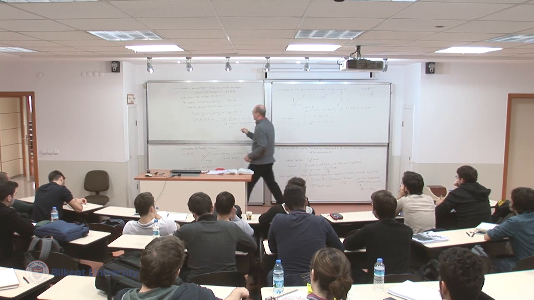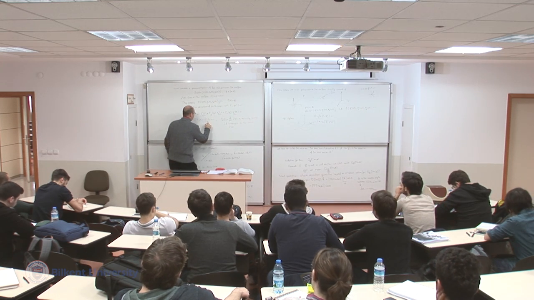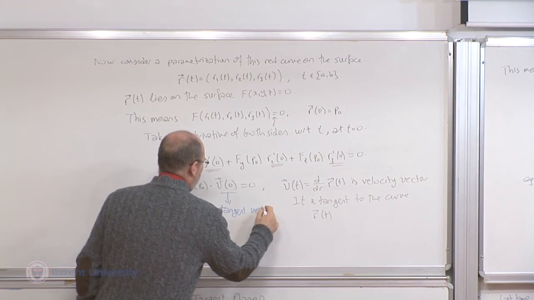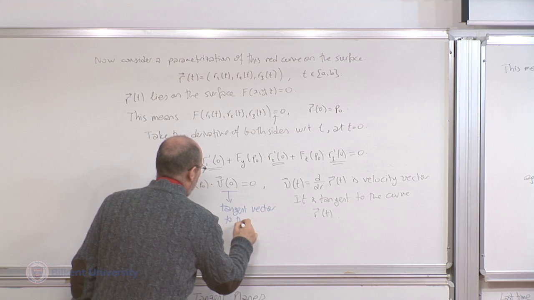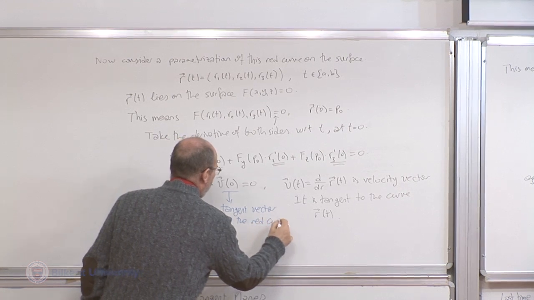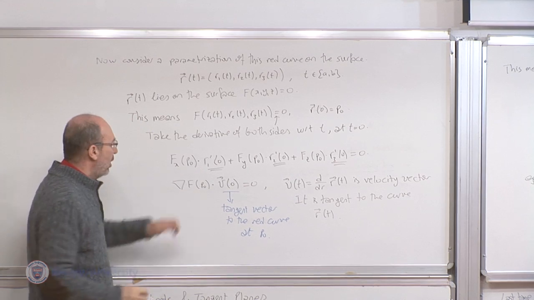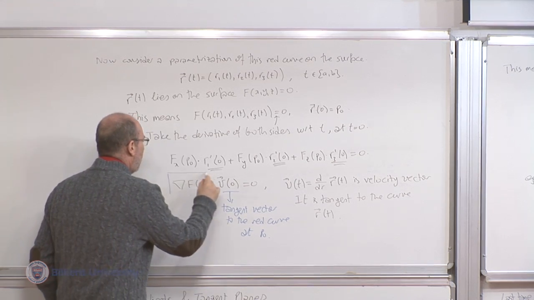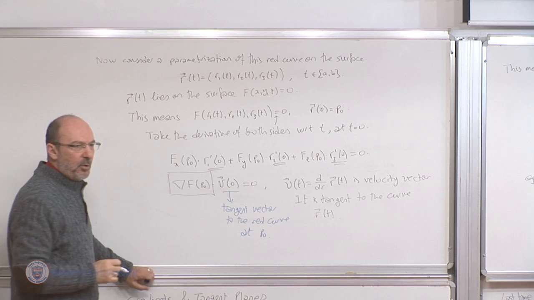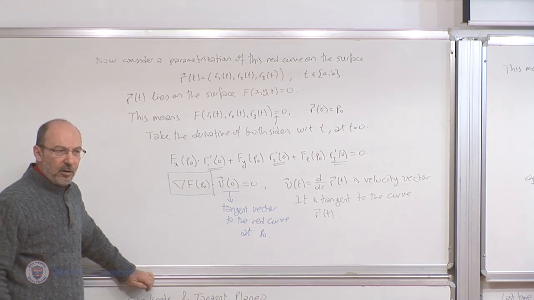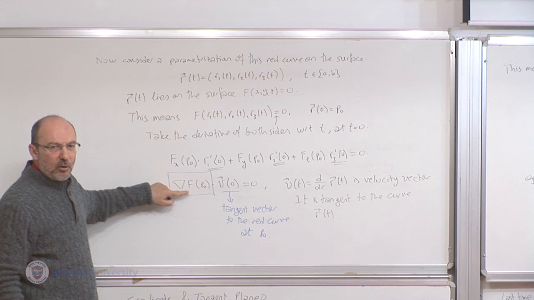So this is the tangent vector to the red curve at p sub 0. Again, this dear friend shows up here. It doesn't care which curve you are calculating at that point. It just gives you a direction.